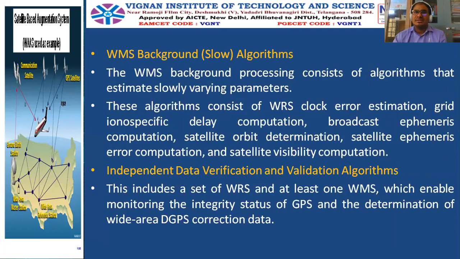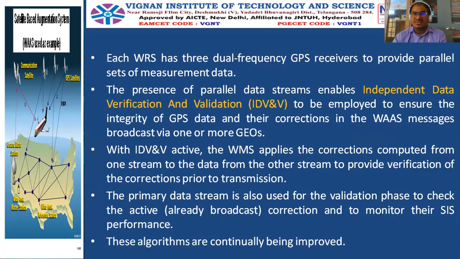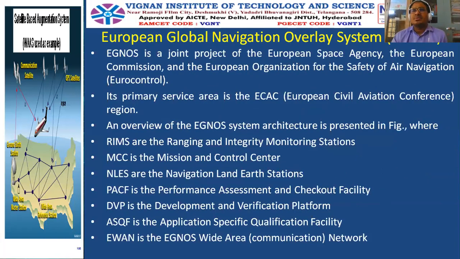And of course, in the background, there are algorithms for the WMS, and independent data verification and validation algorithms are also present. Of course, these all will improve the quality of the WAAS. And IGNOS is there.